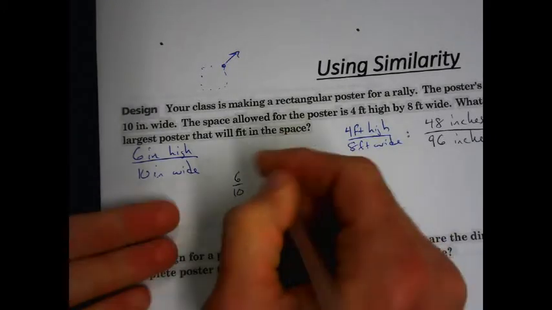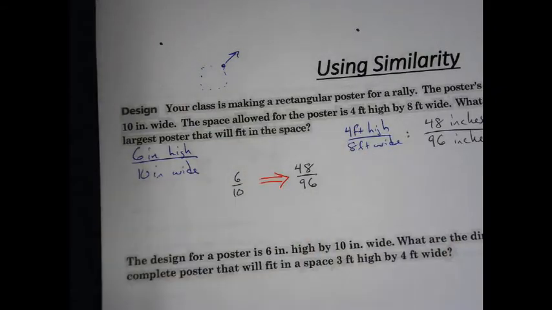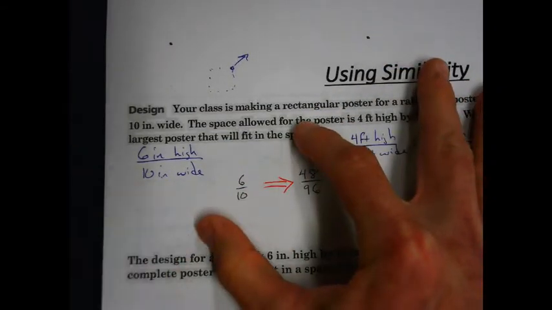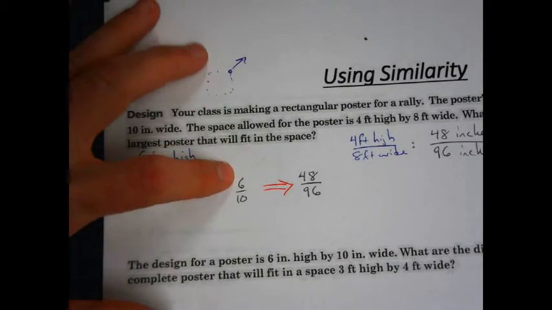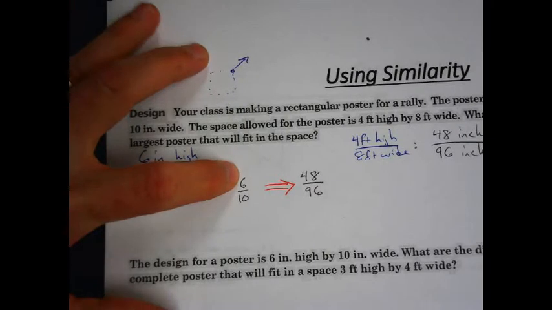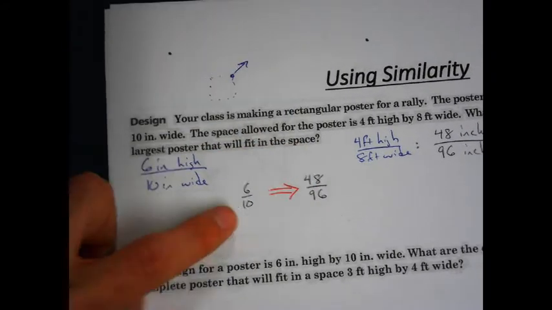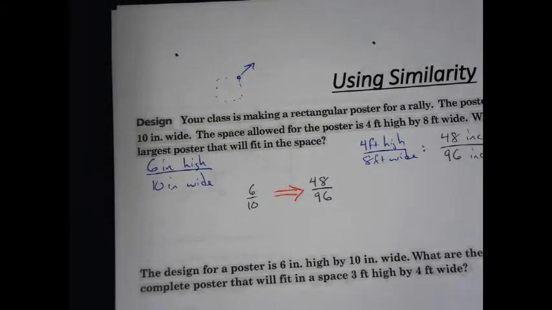So what is going to happen as we click and drag, right? We click and drag that 6 by 10, will it fit? So we have to think about scale factor. What scale factor can we multiply by 6 that would get us to 48? And what scale factor can we multiply by 10 to get us to 96? Okay, so we have to ask that.